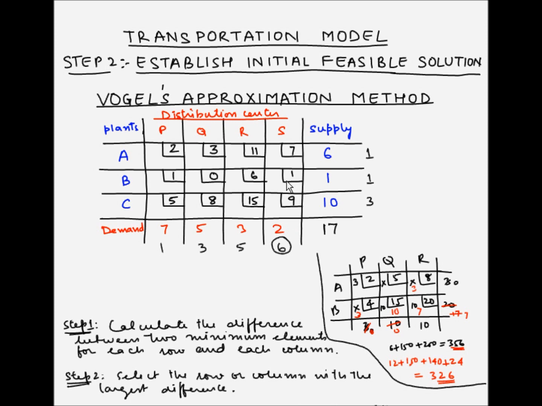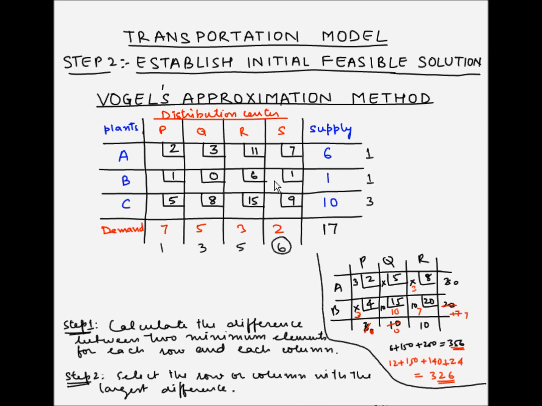Now we have to allocate the maximum possible to this square. Now B has a maximum supply capacity of 1 unit, while S has a demand of 2 units. So the minimum is 1 and we can't supply more than 1 from B. So even though the demand is 2, we can only allocate 1 to the square BS.